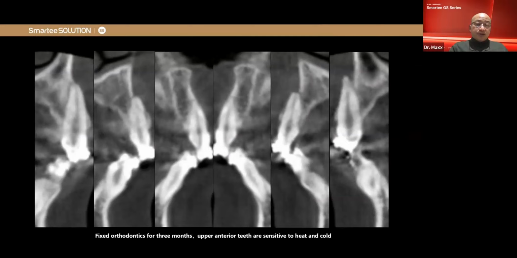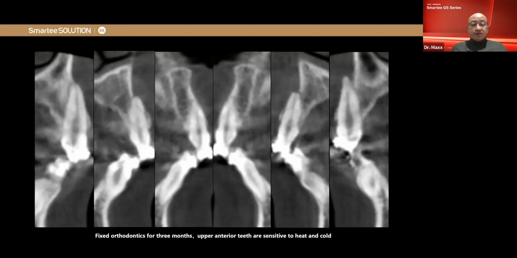But after 3 months of fixed braces, what can we see? Because the doctor used incorrect force to pull back the upper anterior teeth, the teeth rotated, the crowns reclined, and the roots broke out of the bone. Every tooth is terrible in the front 6 teeth there.